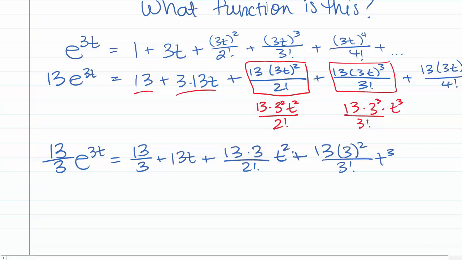And if we continue this pattern, the next term would look like 13 times 3 cubed over 4 factorial t to the 4th, etc.